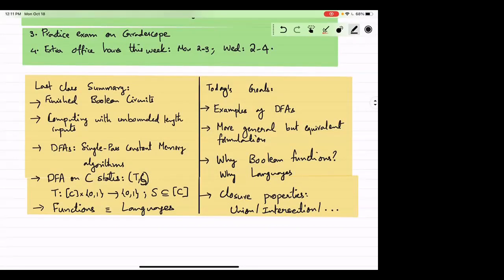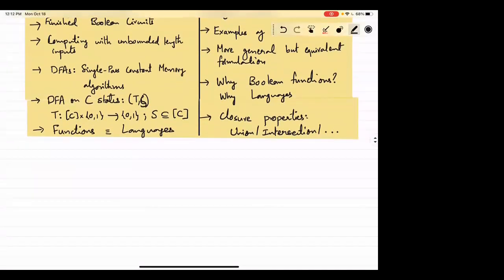Deterministic, because the transitions are deterministic: I see a bit, I'm in some state, my next action is predetermined. There's no real choice there. And finite, because the number of states is fixed a priori. It doesn't depend on the input length. Automaton, just because it seems like something a robot would do. These are very old, but still not as old as Turing machines, which is coincidental.